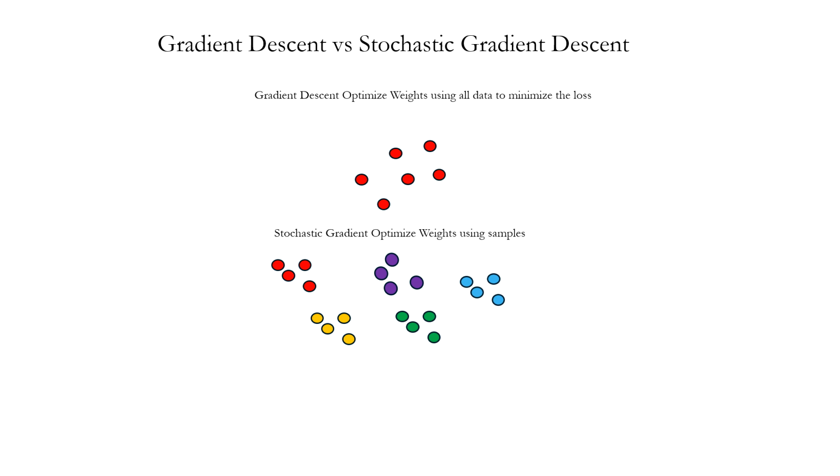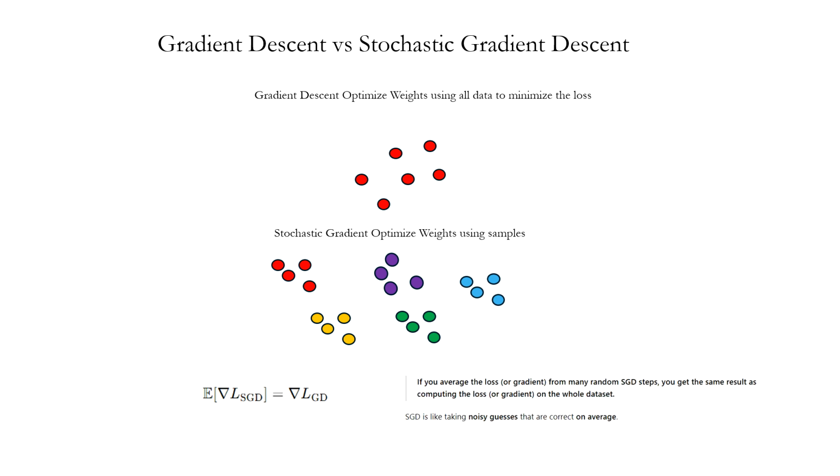So after each iteration on a different sample, basically we get the optimal weights. And if you average the loss or gradient from many random SGD steps, you get the same result as computing the loss or gradient on the whole data set. So SGD is like taking noisy guesses that are correct on average.